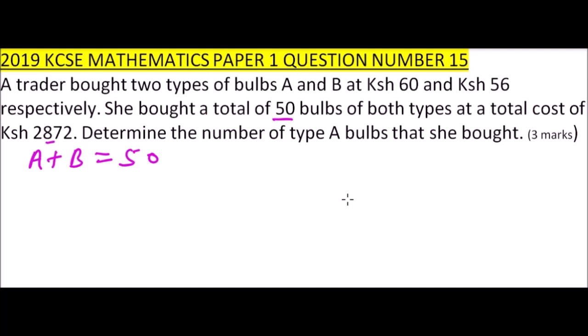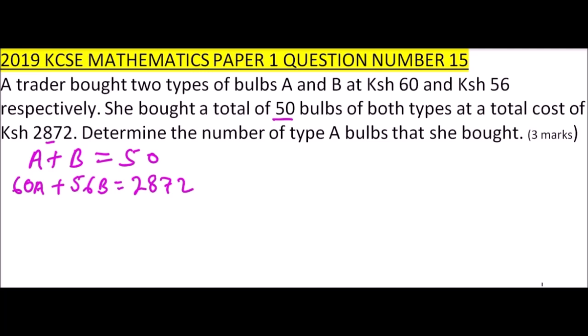So this means that 60A plus 56B should give you 2,872. So these are 2 linear equations, and we can solve them to get A and B.